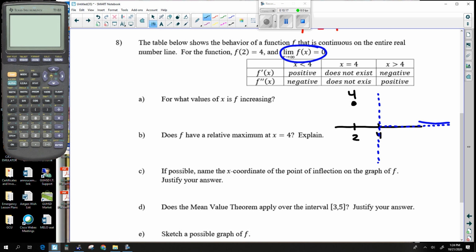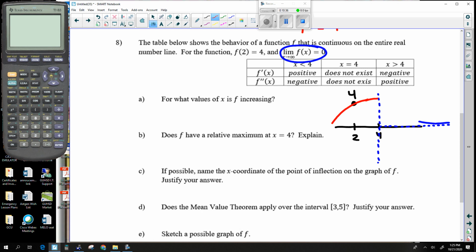So that means it's increasing concave down.